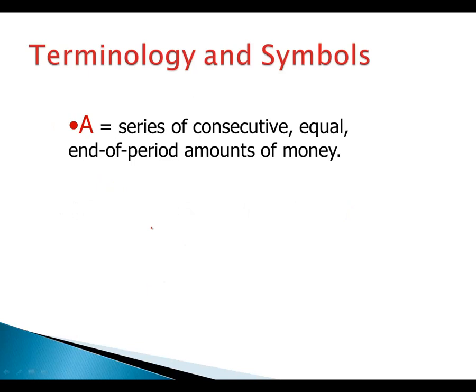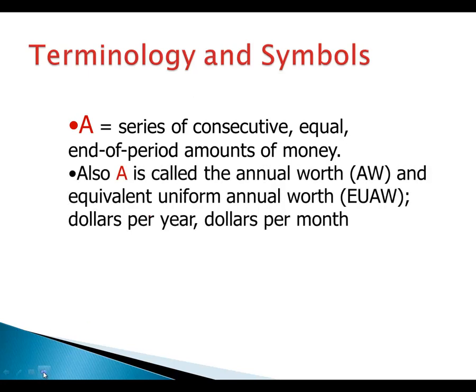One of the things that you will learn later on is the A. And A is a series of consecutive equal end-of-period amounts of money, an end-of-period amount that's being paid, either paid back or paid to you. We can also call it the annual worth, or equivalent uniform annual worth, and all these are measured in dollars.